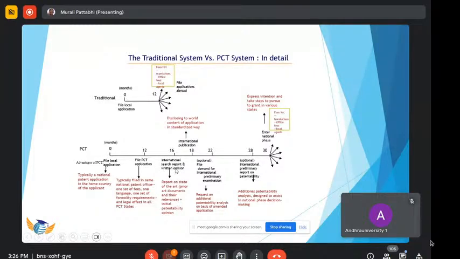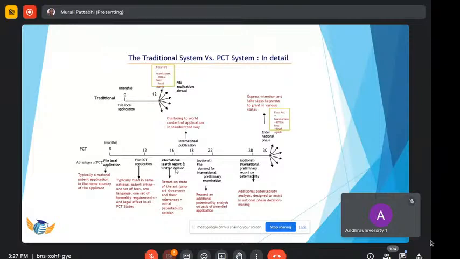We need to pay the International Search Authority. We need to select which search authority you want to examine your application. There are 8 countries you can select from, and even India is one of the International Search Authorities, so you can opt for the Indian Patent Office for searching your application.